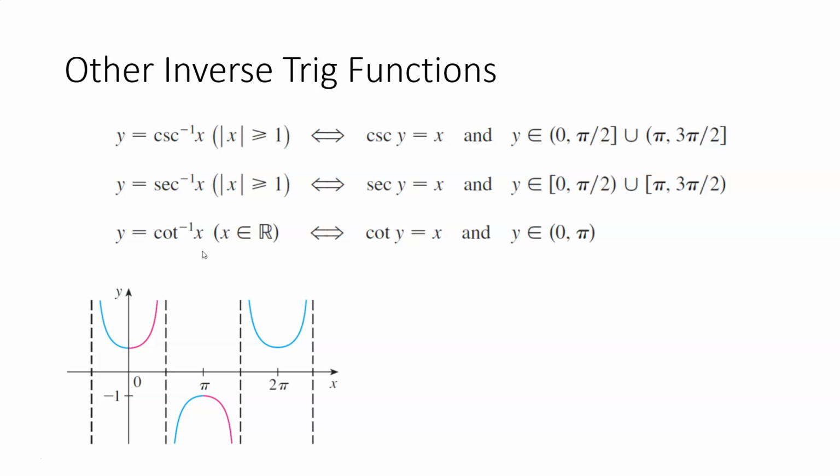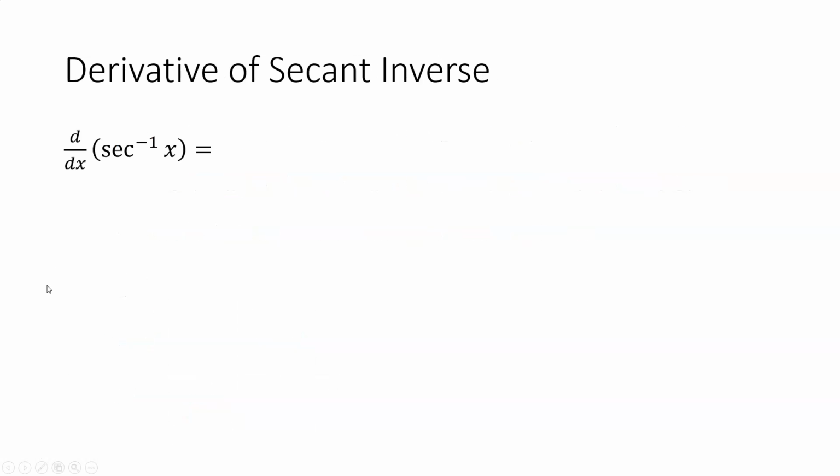Now, if I take a moment here to think about how we would derive the formula for the derivative of secant inverse, we can do it in a way that's similar to how we've done it for the other ones. Take the definition that we've come up with, that y equals secant inverse of x if and only if x equals secant of y, and then find the derivative of y implicitly.